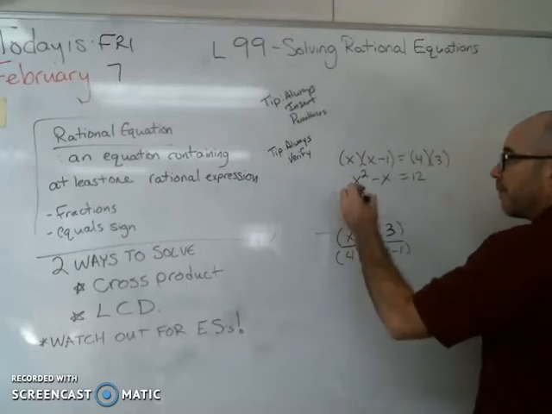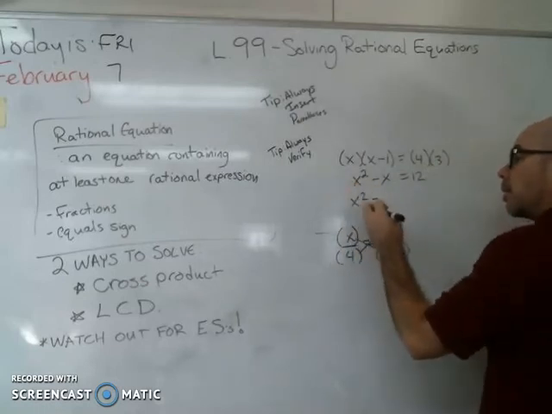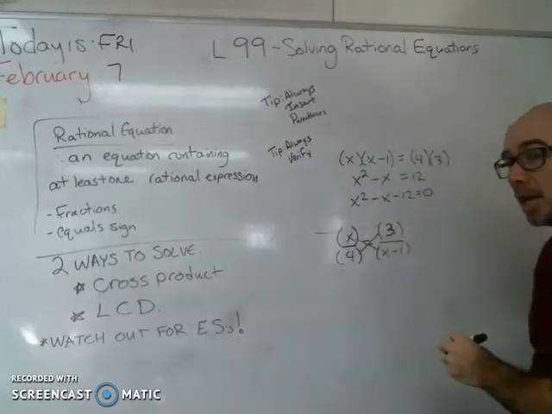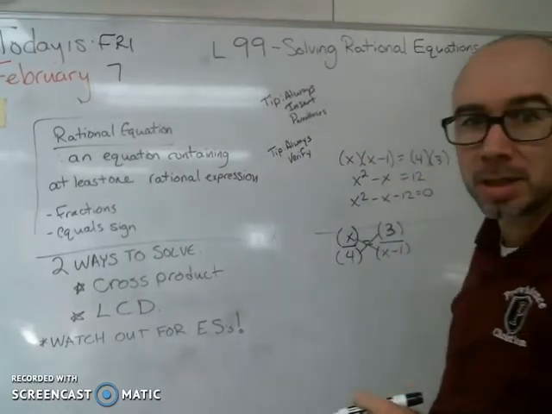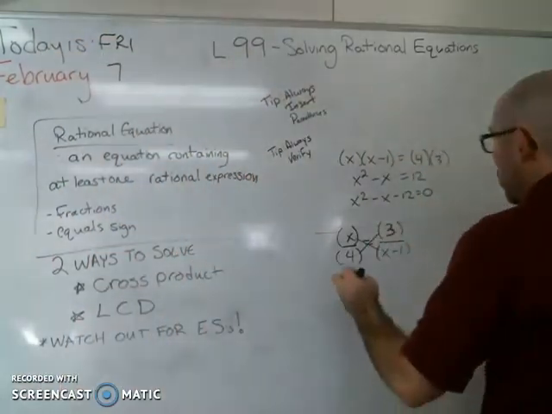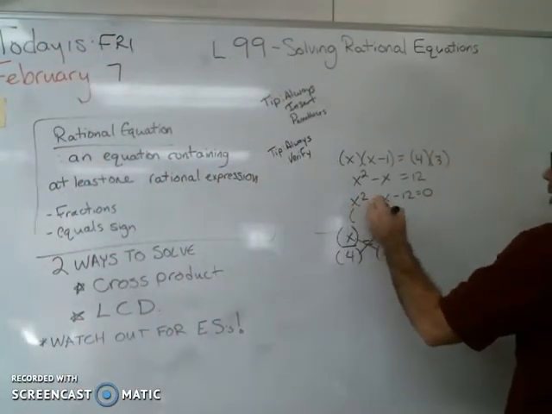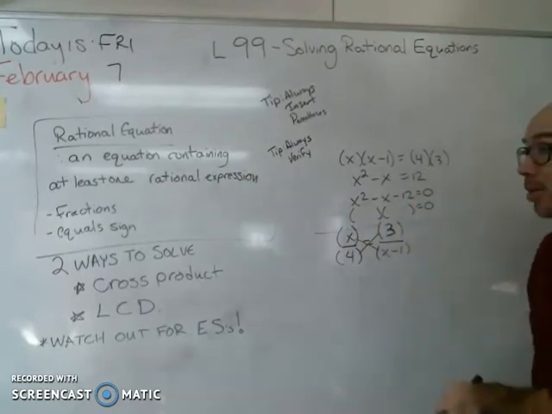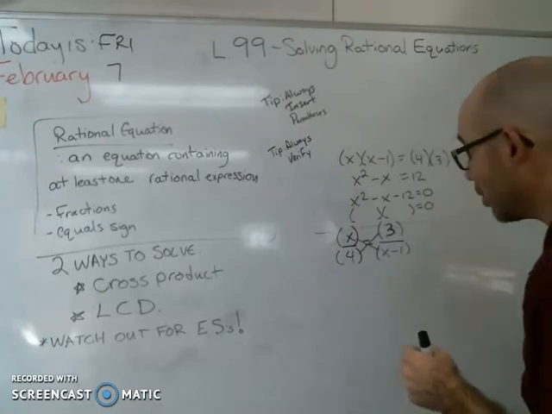I can put them all on the same side, and lo and behold, I've got myself a quadratic equation. Well, I can solve that, and you can too. And this is factorable, hopefully. And we got this equals 0 thing from our last episode.